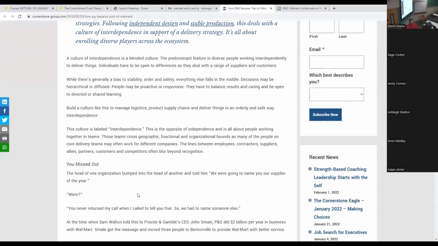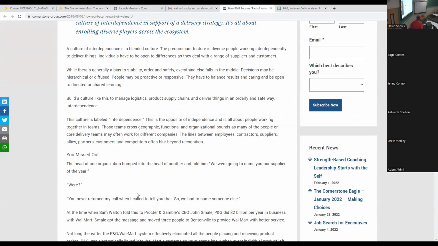This is another interesting article on how they built a blended culture together, with interdependence, and they've really cut the functional lines between each other and found the connection together, and created a long-lasting and successful relationship.